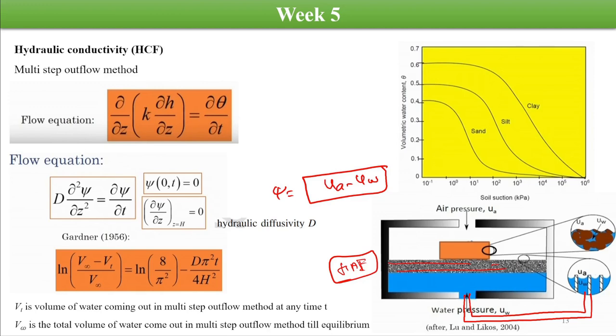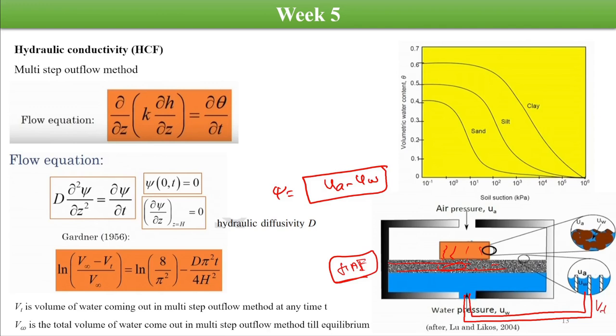Fine. And in the soil, as you apply more pore air pressure, the water will permeate and go from this high air entry disk to this reservoir. Okay, then we can measure how much water is coming out, right? We can measure the volume of water coming out at a particular time, Vt.